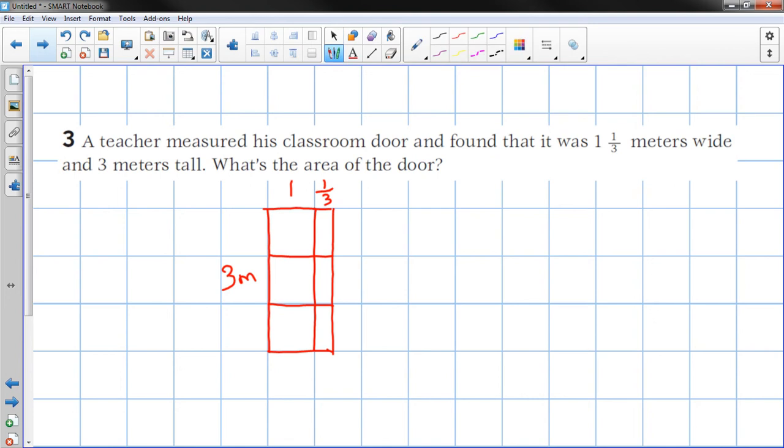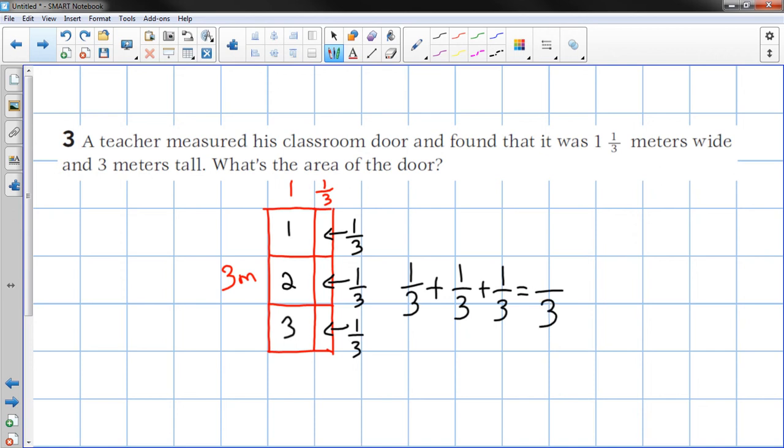So each whole square is 1 square meter. So I have 1, 2, 3, and then I have a third here, a third here, and a third here. So 1/3 plus 1/3 plus 1/3. Remember, when you add fractions, the bottom number, the denominator, does not change, and all you do is just add the top number when the denominator is the same.